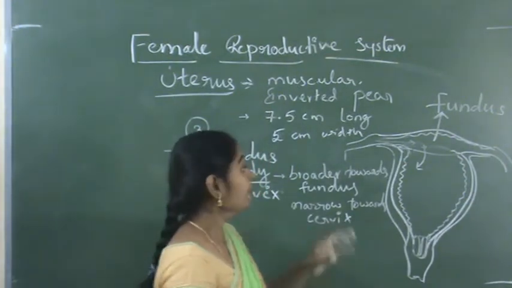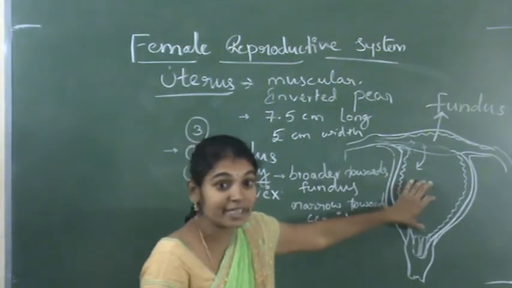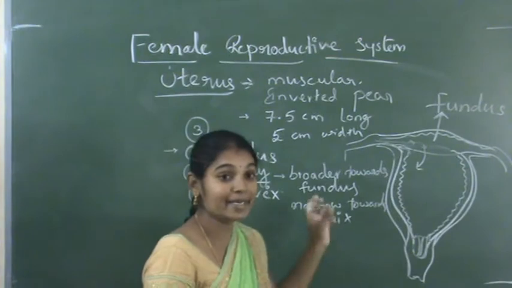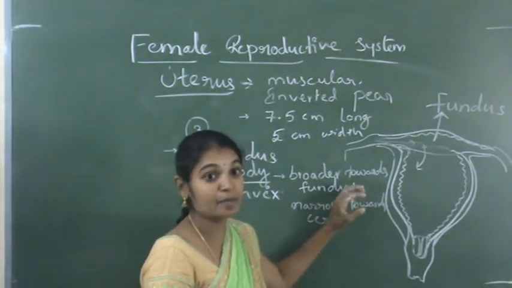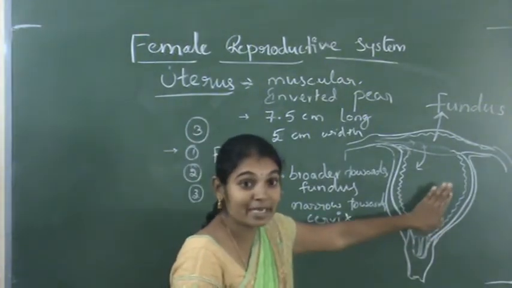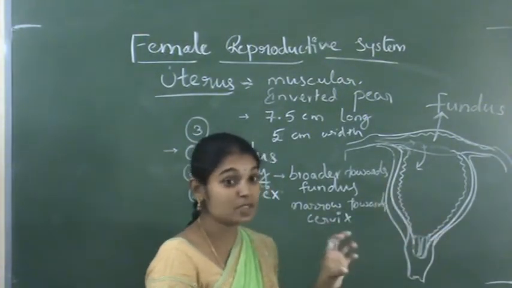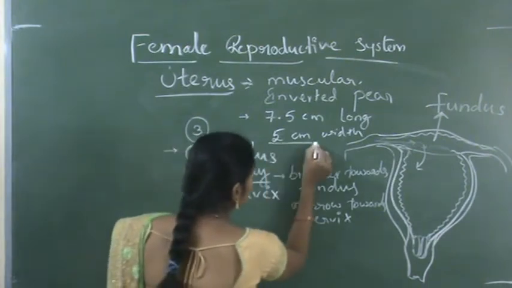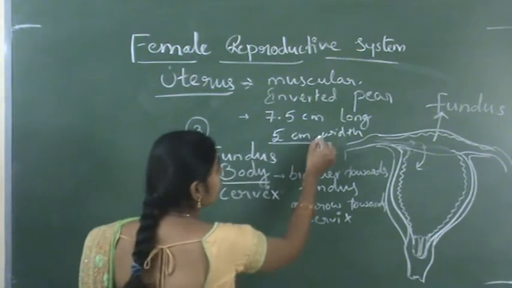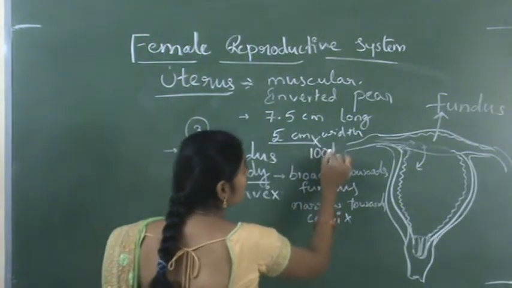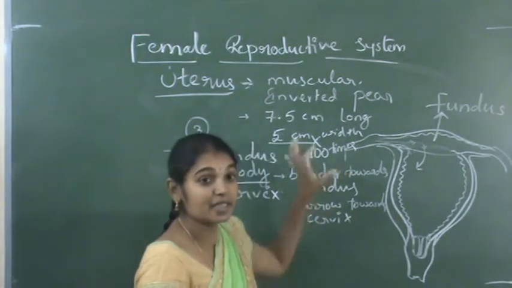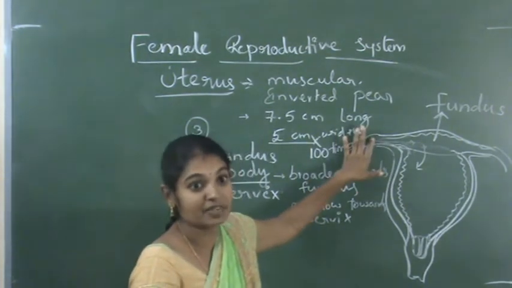And the size of the uterus becomes 100 times larger than normal during the gestation period. Actually the normal size is 5 centimeters, but during pregnancy it becomes 100 times larger than the normal size of the uterus.